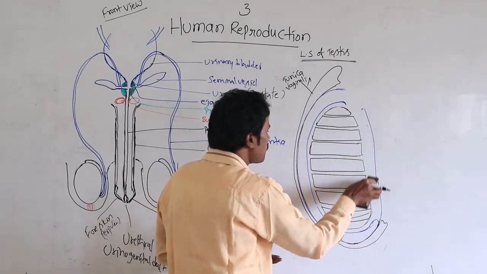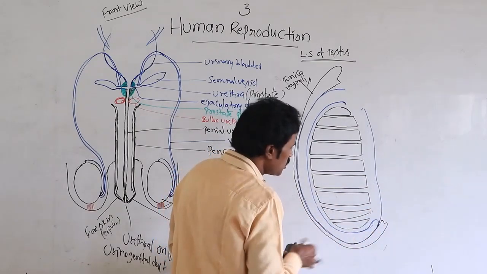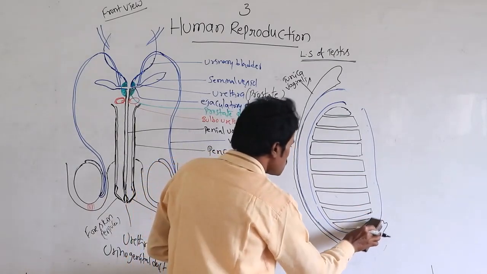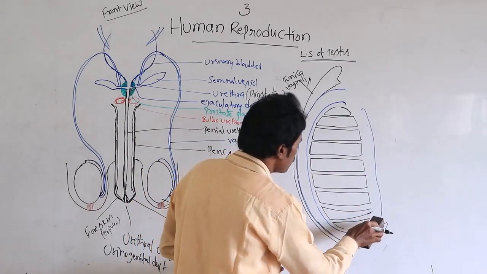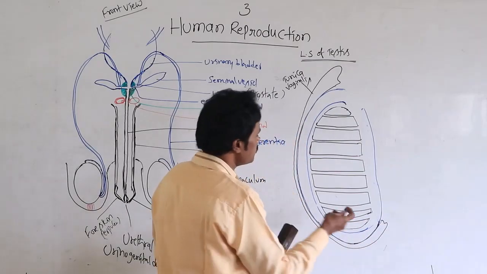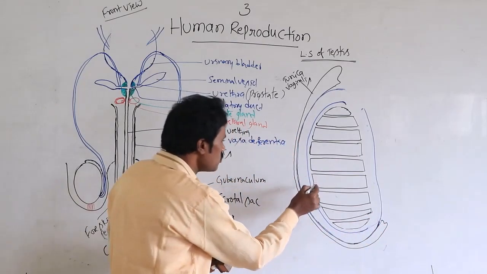Wherever the gaps are present, we call them testicular septa.